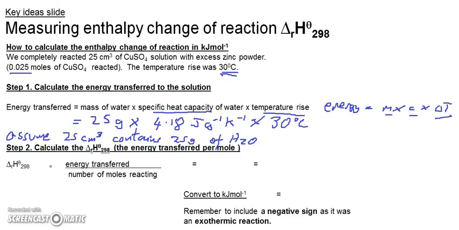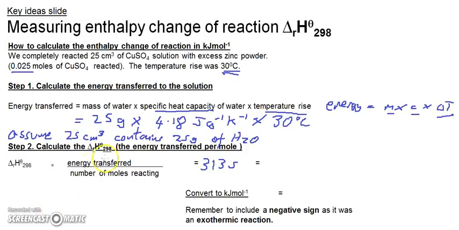Now the next step is to calculate the enthalpy change per mole of copper sulfate that reacted. So the equation we're going to use to do that is that delta H reaction, the enthalpy change of reaction, equals the energy transferred divided by the number of moles that reacted.